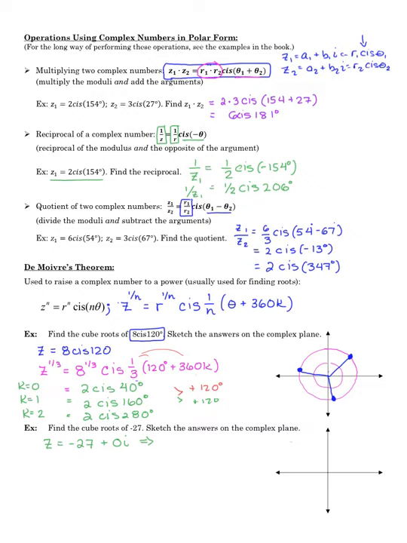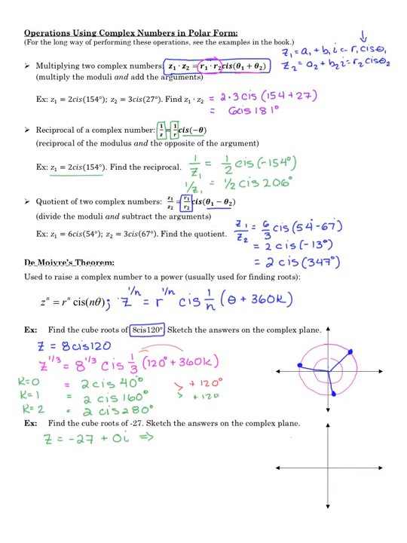So -27 plus 0i is actually a radius of 27, cis 180. Now, how did we get that?